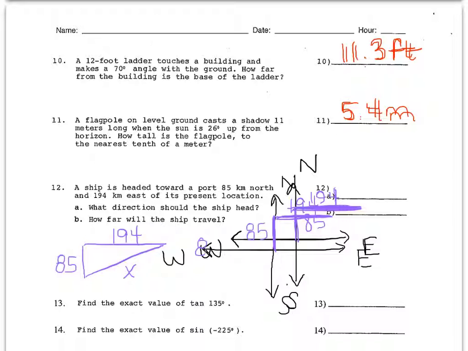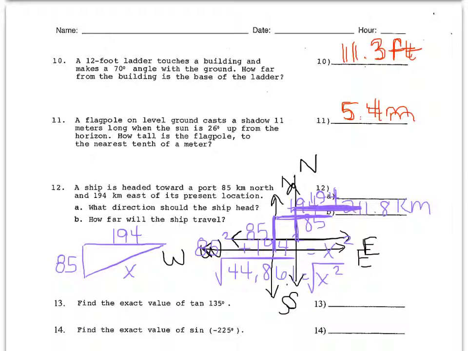I've got 85 squared plus 194 squared is going to equal x squared. So 85 squared plus 194 squared, I end up with 44,861 equals x squared. Take a square root. I end up with about 211.8. And that is in kilometers.